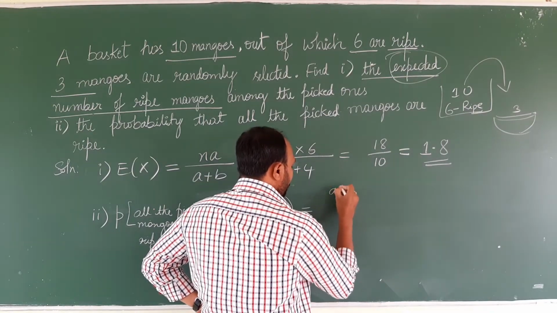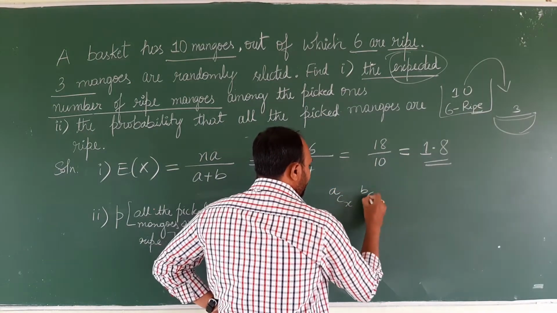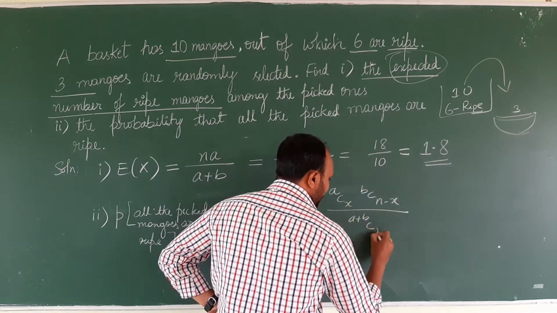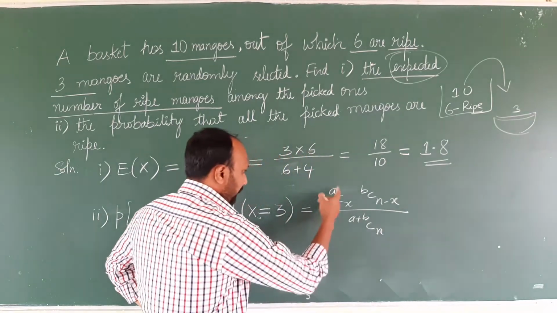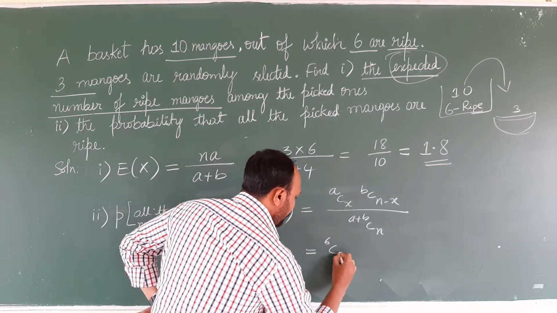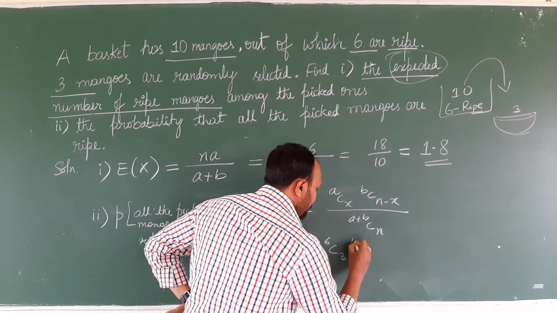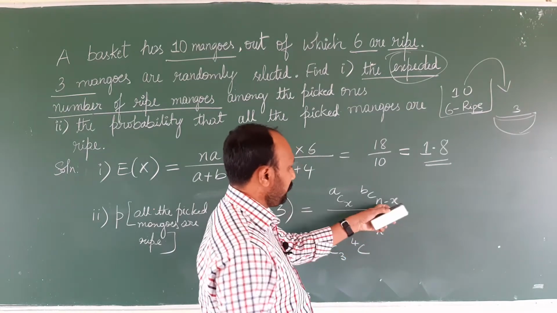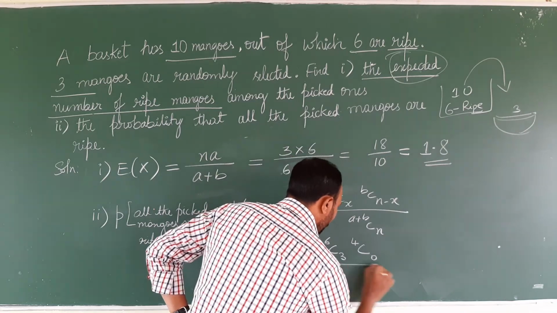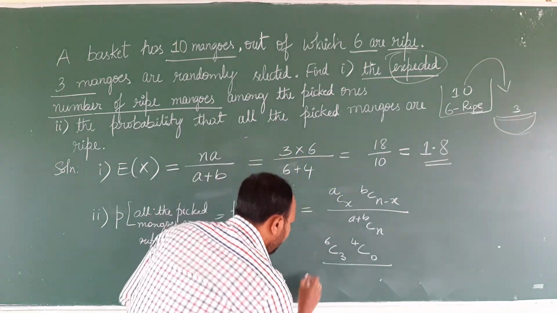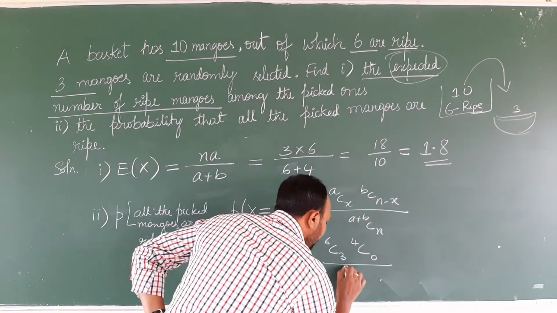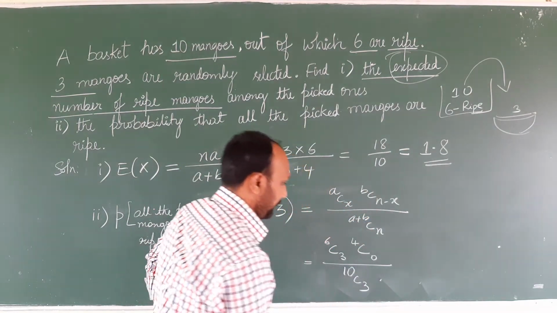Let us now work with the PMF. Once again I will write the general form: A C x into B C n minus x divided by A plus B C n. Now let us replace the A value with 6: 6C3, followed by B value 4, 4C(3 minus 3), that is 4C0, divided by 6 plus 4 is 10, 10C3.